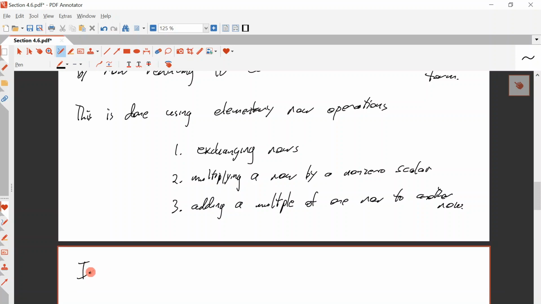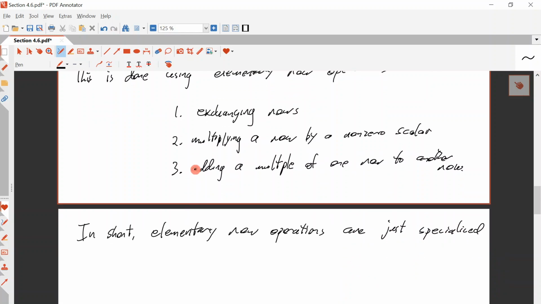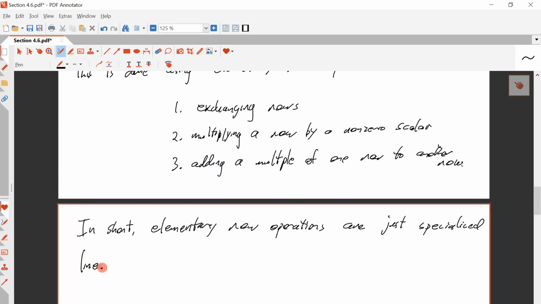So, in short, elementary row operations are just specialized linear combinations of the row vectors.